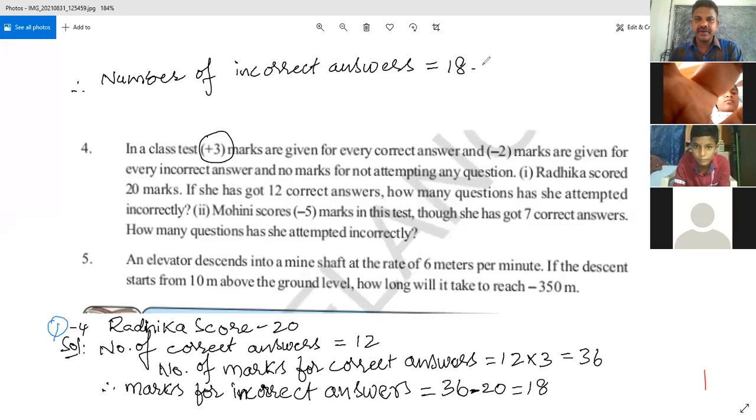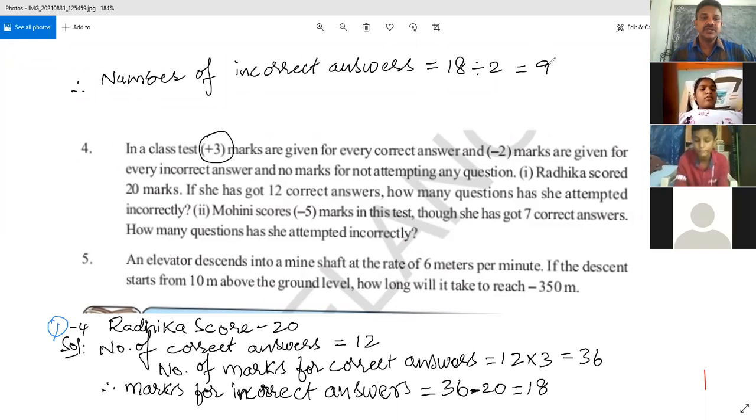So we need to divide it by 2 to get the number of incorrect answers. 18 divided by 2, we get 9. So the number of incorrect answers is 9.